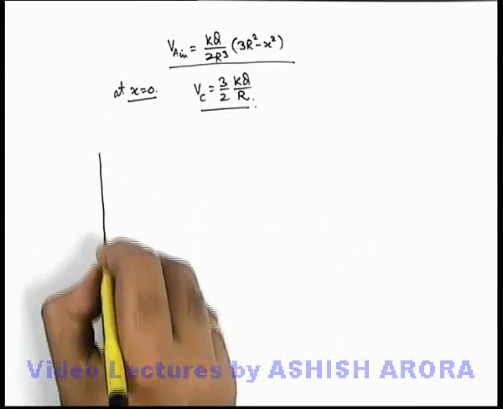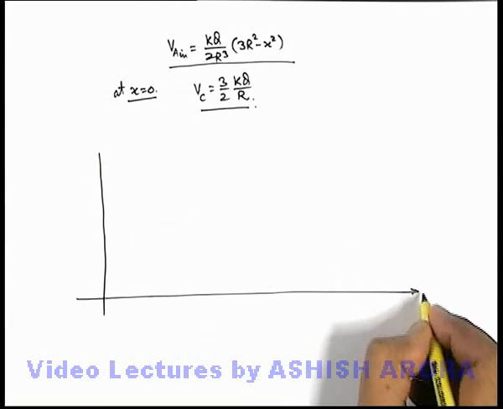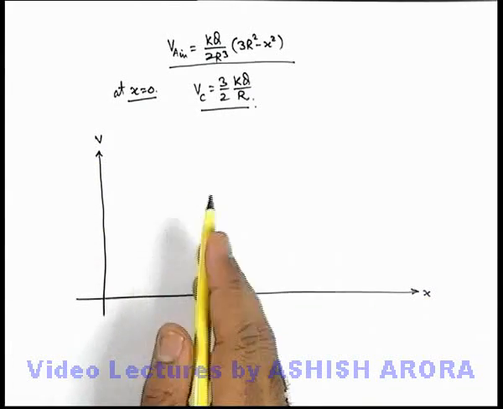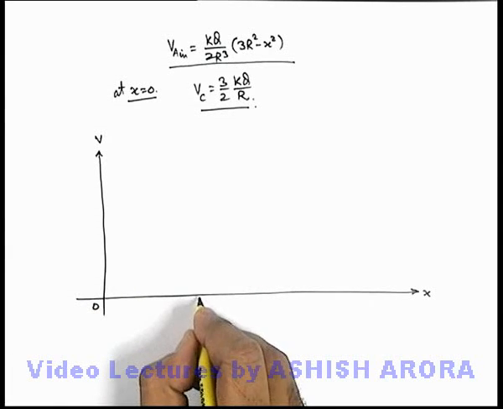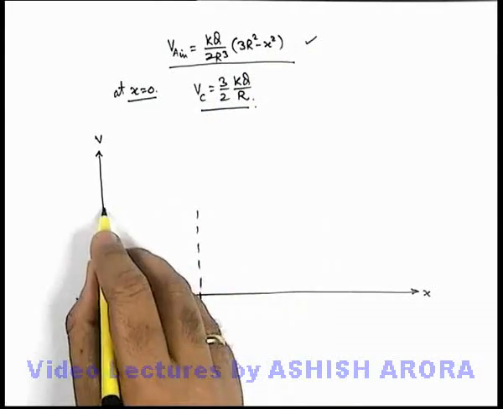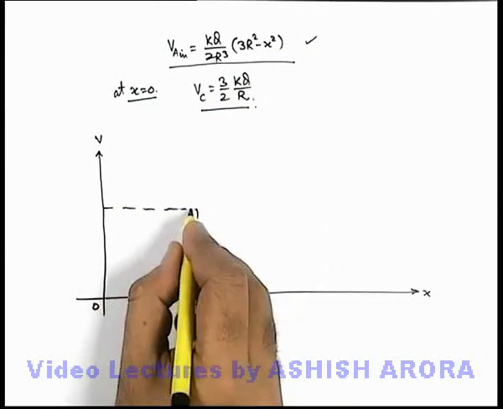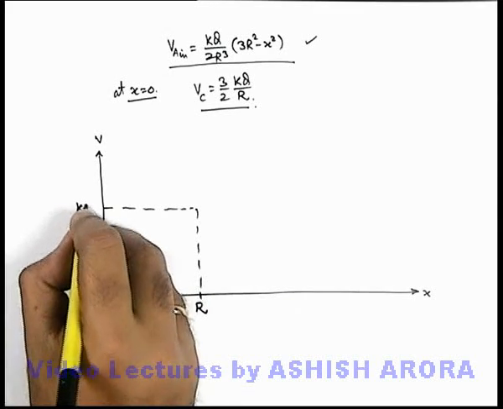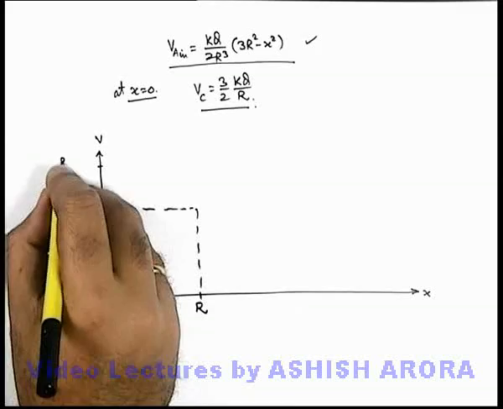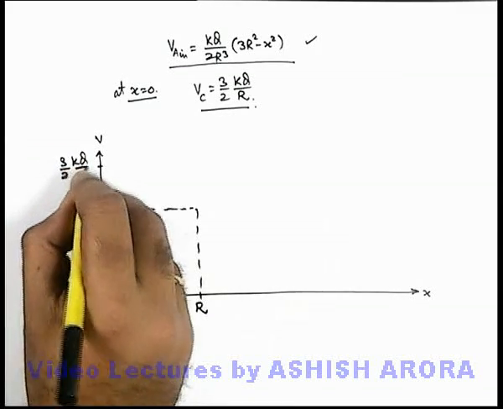And if we plot the variation of potential with position in the case of a solid uniformly charged sphere, then from x equals 0 to r, the variation will be given by this expression, and at the surface the potential is kq by r, and at the center where x equals 0 it is 3 by 2 kq by r.